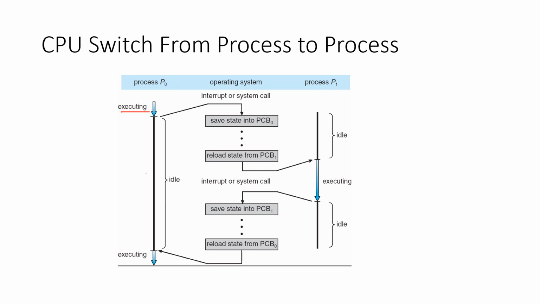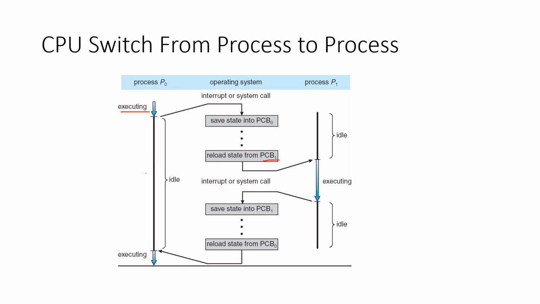So it will do a certain set of activities before it loads the next process, that is the process control block for process 1. Once it loads the information, where is this information getting loaded from? This information will be there in the ready queue. From the ready queue, the PCB information is fetched and loaded in the CPU.